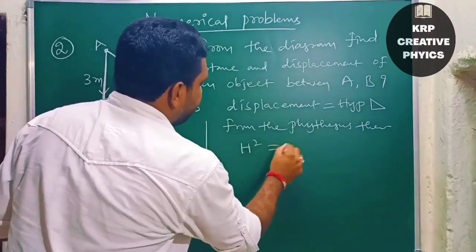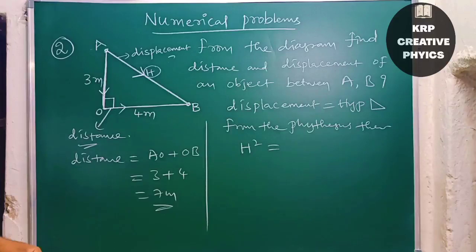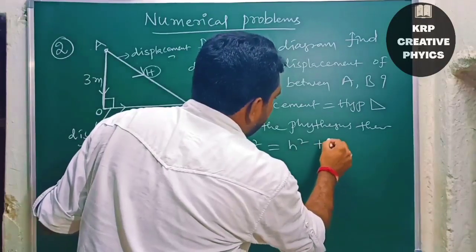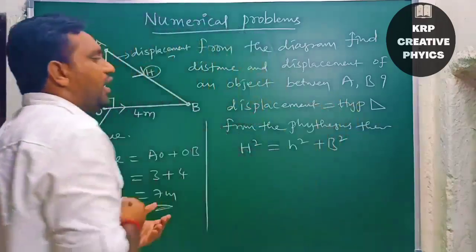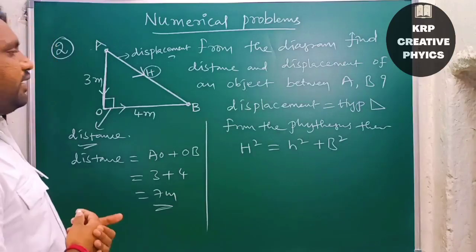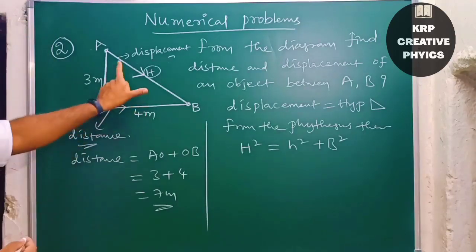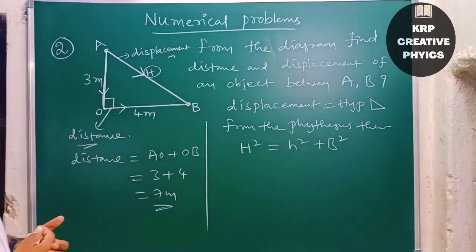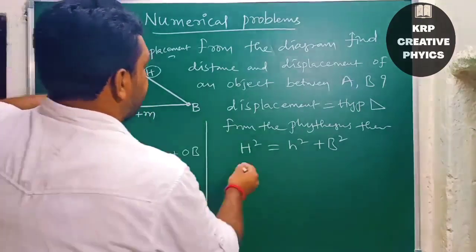Hypotenuse square equals height square plus base square, or else side square plus side square, whatever we can write. Okay? So from the right angle triangle, according to the Pythagoras theorem, hypotenuse square equals height square plus base square.